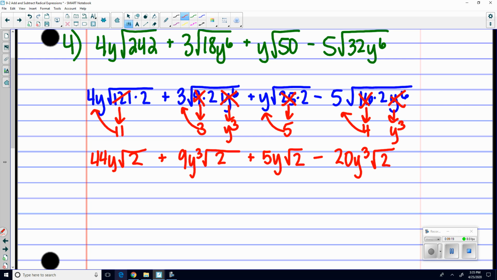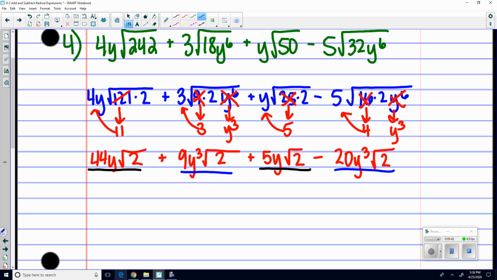Now I see everything is a square root of 2, but that does not mean everything can be combined. I have y's, and I have y cubes. The y's can go together and the y cubes can go together, but that's all we can combine. We can't go more than that, even though they're all square root of 2.